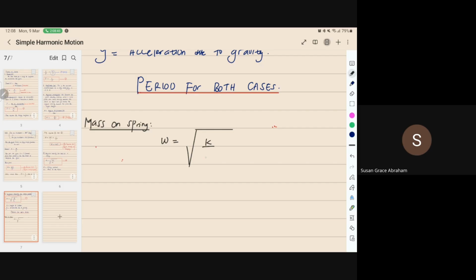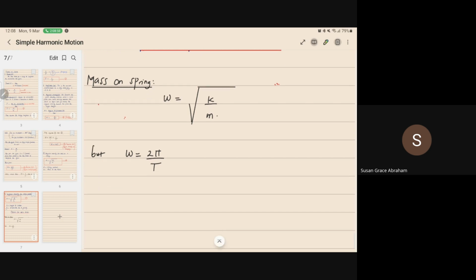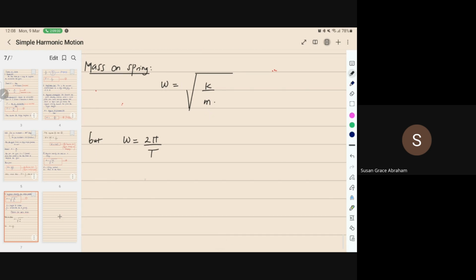But remember that w is equal to 2 pi all over T. How do we estimate period for mass on a spring? So that means I have that 2 pi over T is equal to square root of k all over m. So what next?